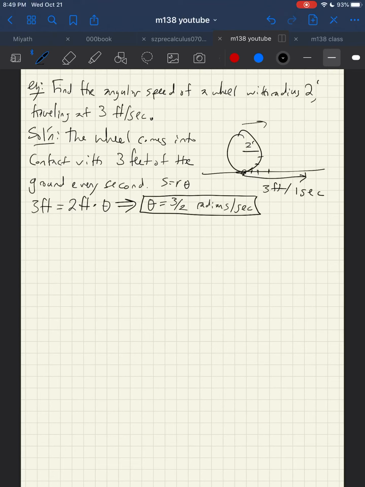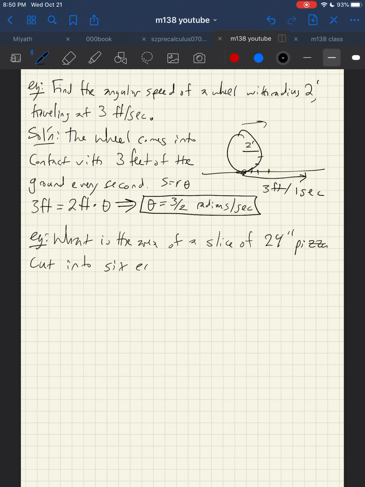All right, for another straightforward example, and this will finish out this section. What is the area of a slice of 24-inch pizza, where I'm using the 2 primes for inches, cut into 6 equal pieces?